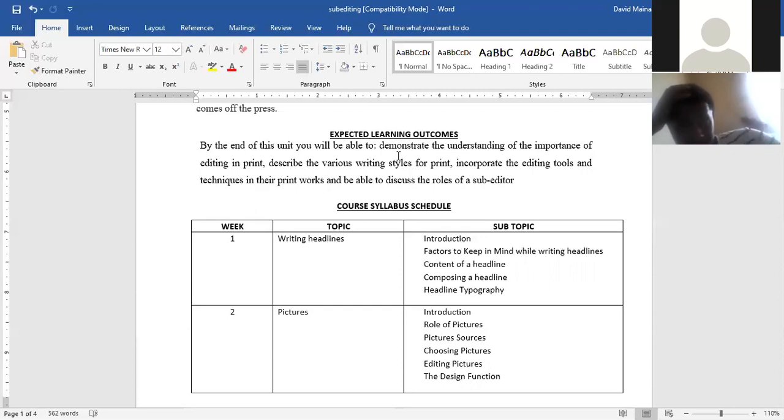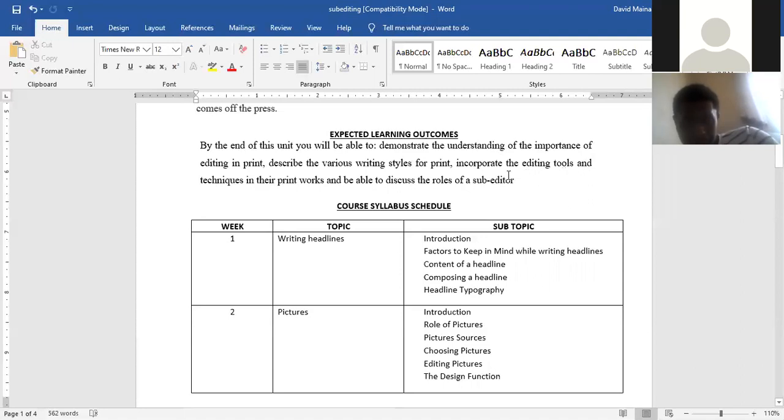Unaweza kupewa newspaper na ukiangalia tu hivi kama imefungwa headline peke yake, the topmost area ambayo ina state the kind of newspaper, say Star newspaper, Nation or Standard, you will be able to tell that this is Nation and this is Standard. So why? Because of the writing styles that have been incorporated.